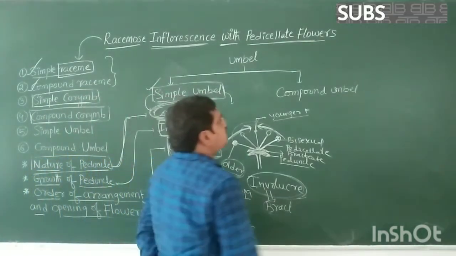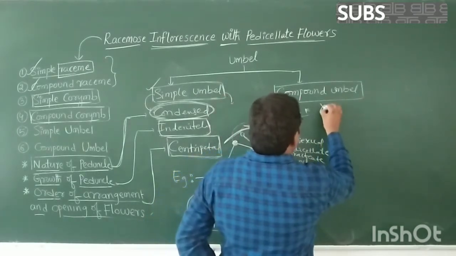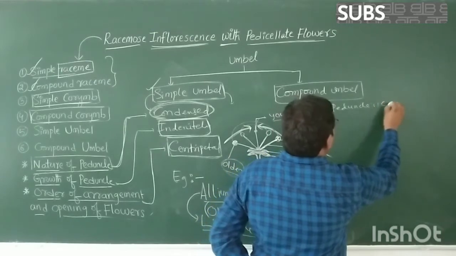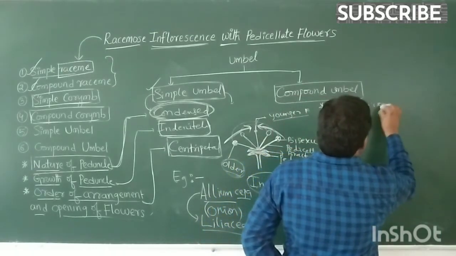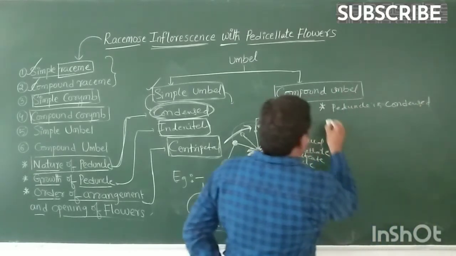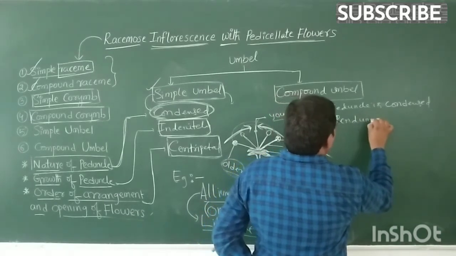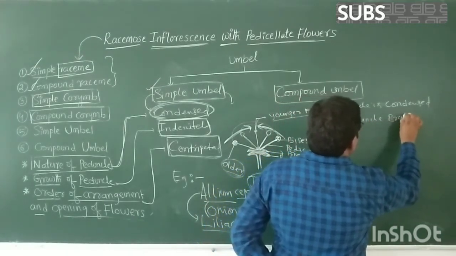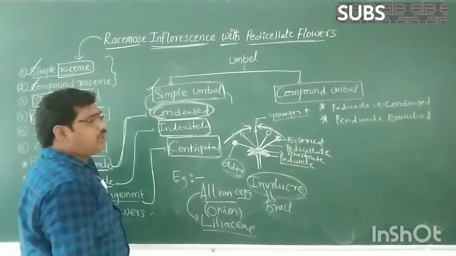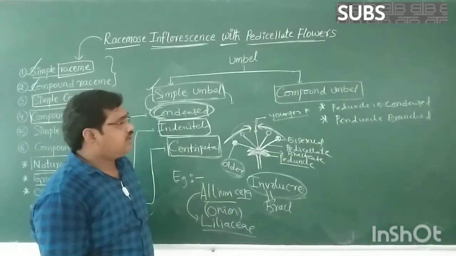So next, what is the compound umbel? Here the peduncle is condensed, and the peduncle is branched. The remaining flowers are bracteate and pedicellate bisexual flowers.